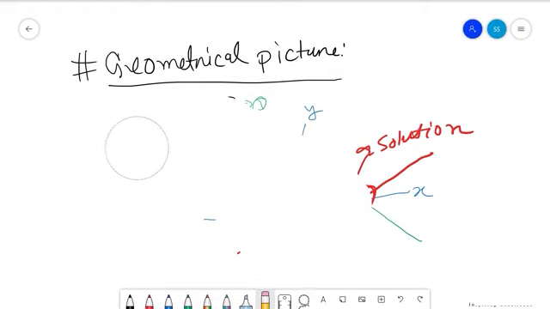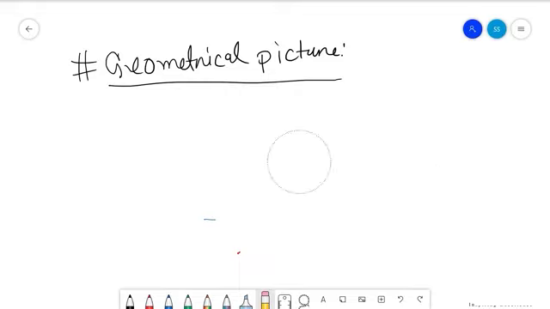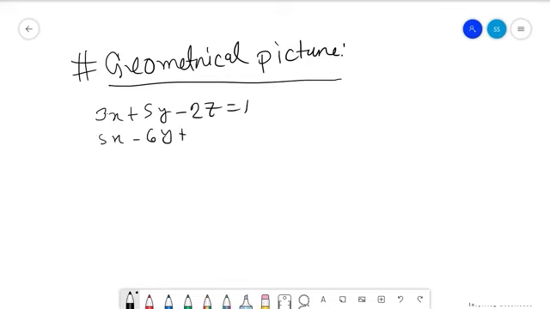Okay, so let's try to see another picture, and that picture will consist of three equations. Let's say you have 3x plus 5y minus 2z equals 1, 5x minus 6y plus 3z equals 2, and 3x minus 15y minus just z equals, let's say, minus 5.